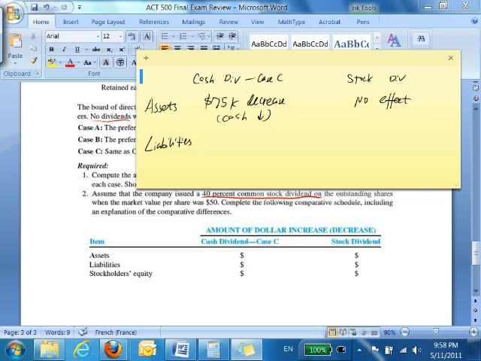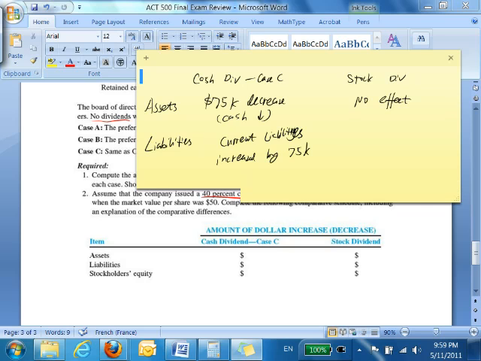For liabilities, let's see. When the 75,000 cash dividend is declared, current liabilities increase by 75K on the declaration date, and on the payment date, the dividend liability decreases by 75K.